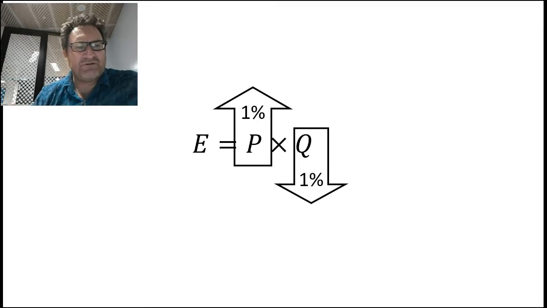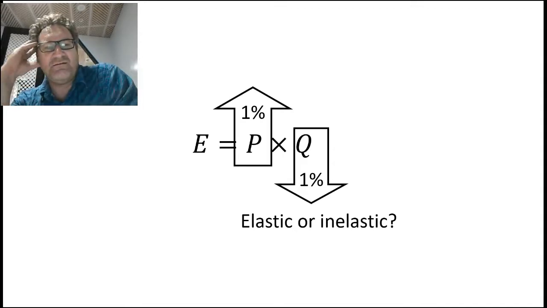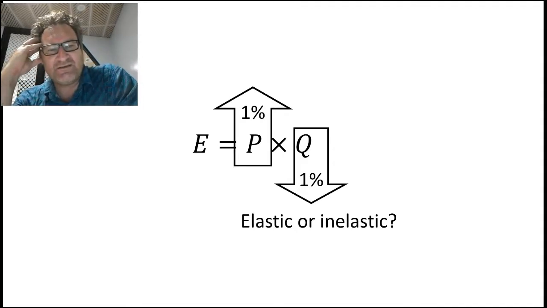What do you think will happen to total expenditure overall? It should be pretty obvious, and you can do a quick calculation with some numbers to check, but you should be able to figure it out already. By the way, is demand elastic or inelastic in this case?